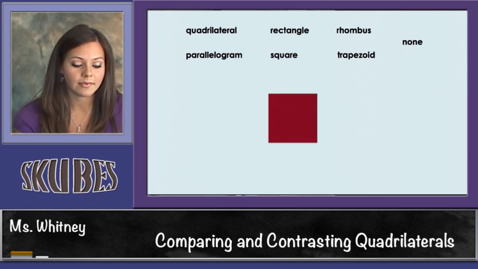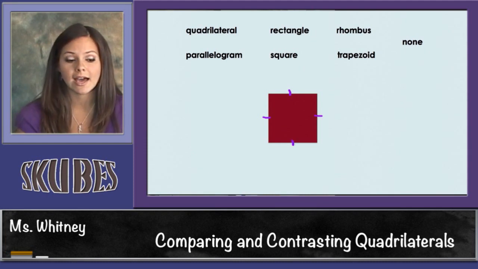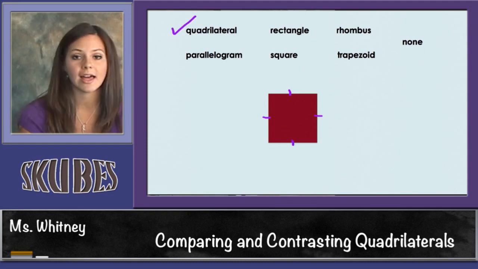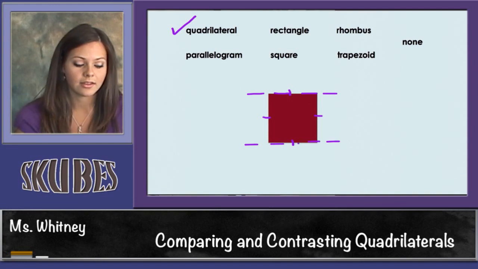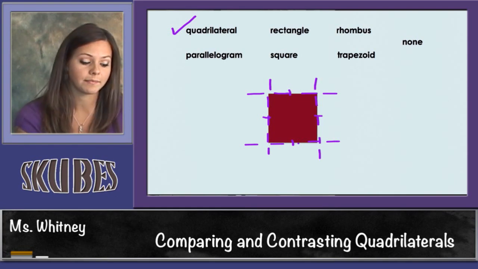This shape has 1, 2, 3, 4 sides, so it is a quadrilateral. It has 2 sets of parallel sides, and that makes it a parallelogram.